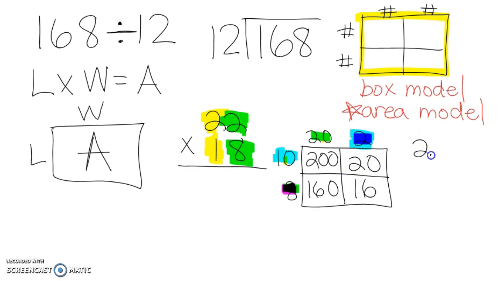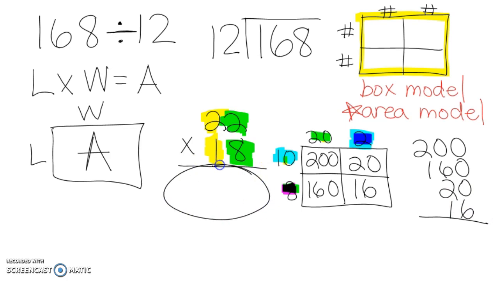Then I would have added all of these partial products, and the sum of these partial products would actually be the product that goes here: 396. So the product of 22 and 18 is 396. Now what I want to make sure you understand is that all of this goes together.